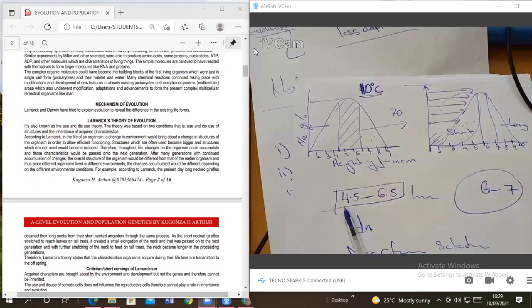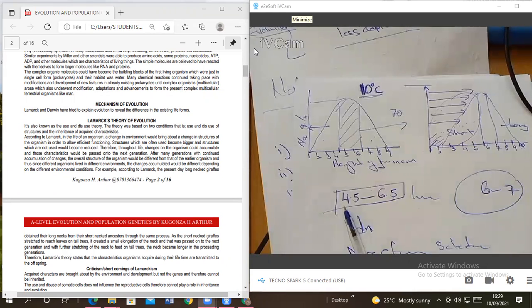Okay, we proceed. As for your question on the definition, you people want to cram. When we talk about directional selection, yes?